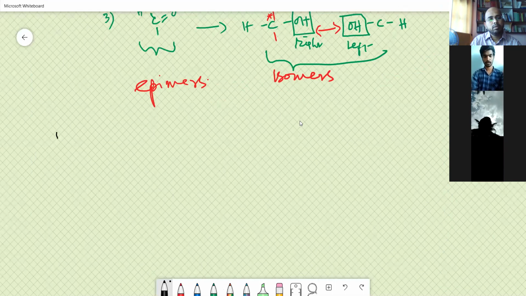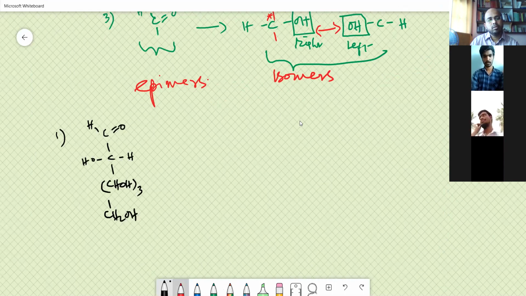CHO, then CHOH three times, and then CH2OH. This one being glucose.